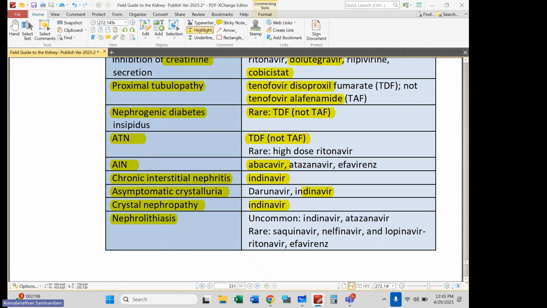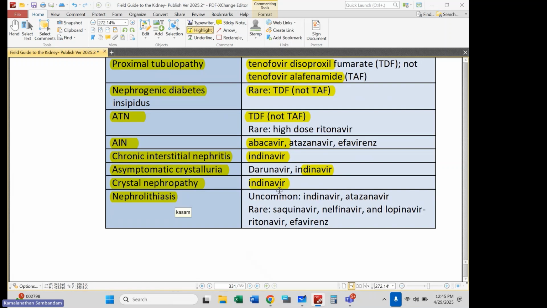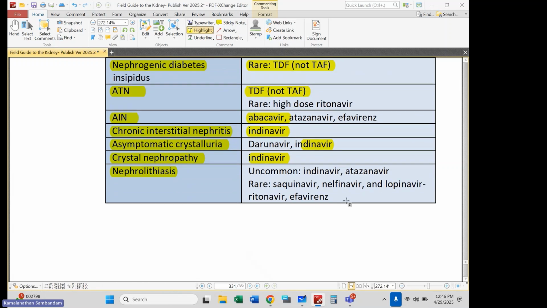Nephrolithiasis is really uncommon, well, drug-related nephrolithiasis is uncommon, right? So there have been descriptions of these HIV meds, some of which are insoluble in the urine, causing kidney stones. But again, these are very uncommon kidney stones.